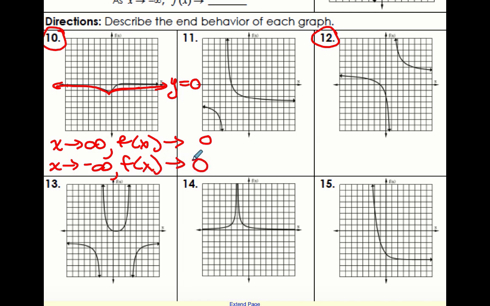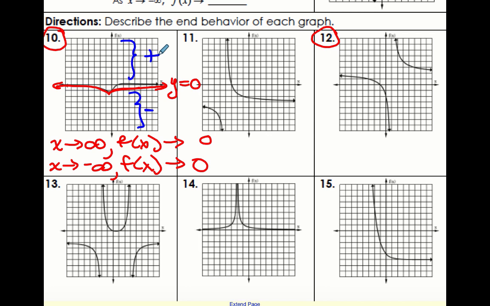Now we're not done, because we have to talk about which side of 0 we are on. If we're below the x-axis, we're approaching from the negative side of 0. And if we're above, we're approaching from the positive side of 0. That's because the numbers are getting bigger when we go up above 0, and they're getting smaller as we go below it.